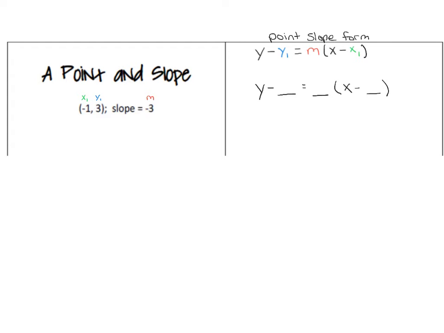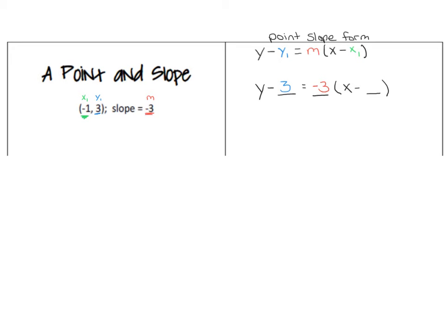So in filling this in, I have y minus my y coordinate. My y coordinate is 3, so I'm going to fill in a 3 there, equals m, m is my slope, so I fill in the -3 there, times x minus the x coordinate, which is -1.